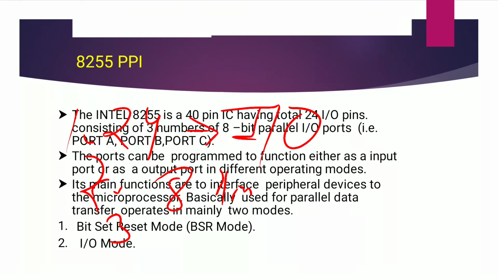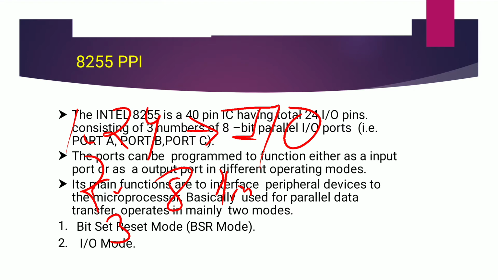The next 6 pins are used for control, to provide control to the IC. And the last 2 pins are just for power supply. One is connected to power and one is grounded.